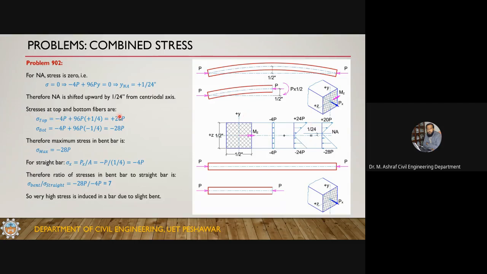Now, stress at the top and bottom fibers. We're going to calculate the stress in the top and bottom fibers. In the top fiber, like this fiber, the value of y is what? The total depth is half an inch, so half of it is 1 by 4 inches.